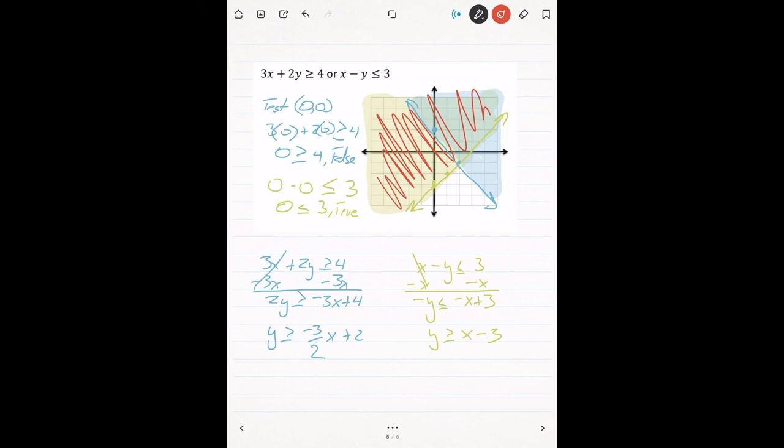What we need to do now is determine what the solution is to the compound. Here we have the compound OR, meaning we want the set of all points that will be a solution to the one inequality or the other. Remember, with OR, we want to take the union. We want to take the union of each of these sets.